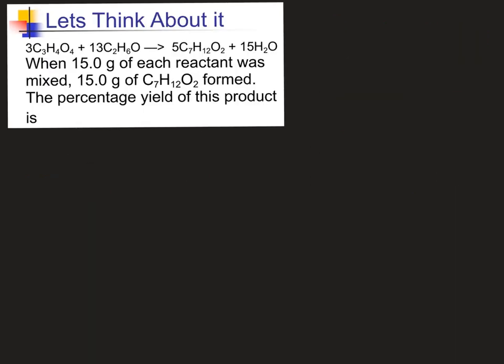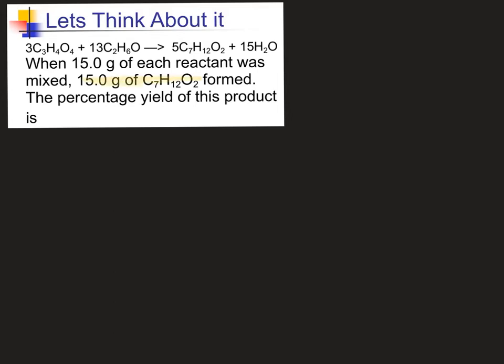The next one has the chemical reaction given to us, and that we have 15 grams of each reactant mixed, and 15 grams of a product was formed. What is the percent yield? Okay, the 15 grams of our product, the C7H12O2, that is an actual value, and so we need to be mindful of that.